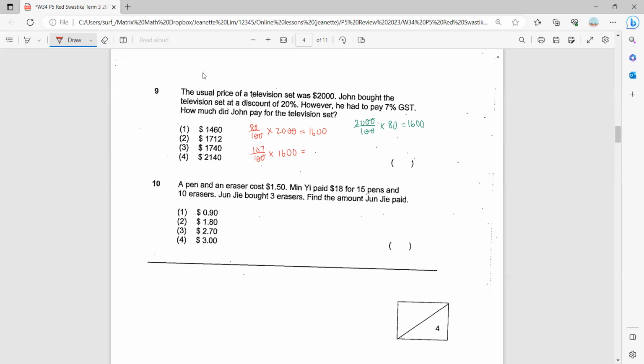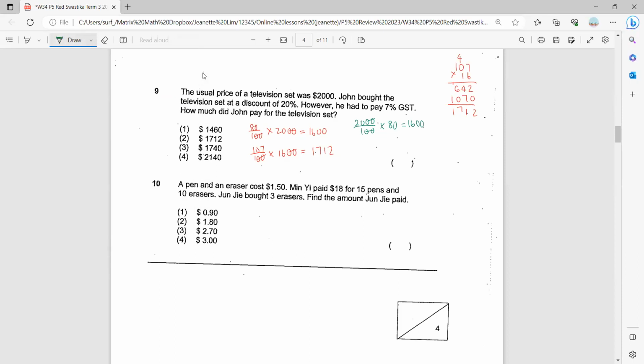You can cancel the zeros, so 107 times 16, which gives 1712. So this is the answer.